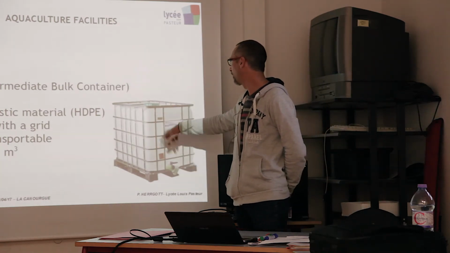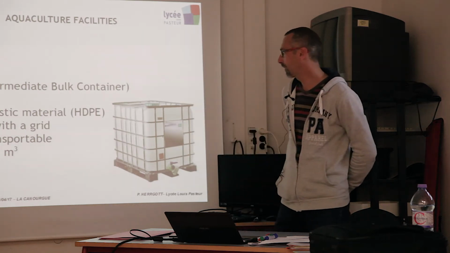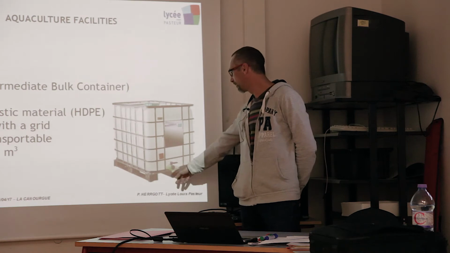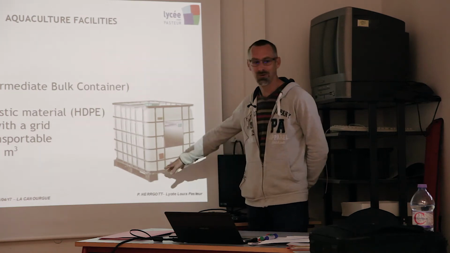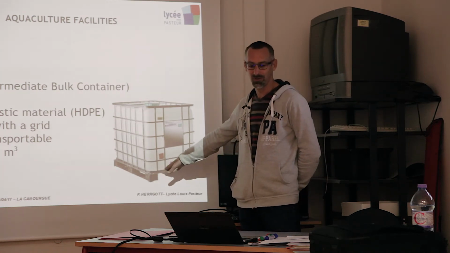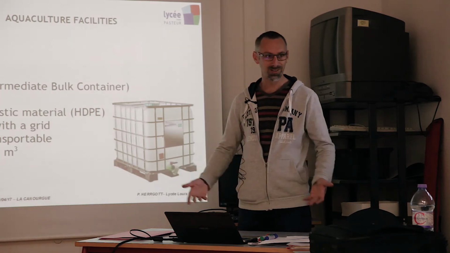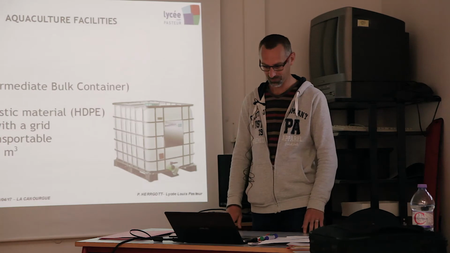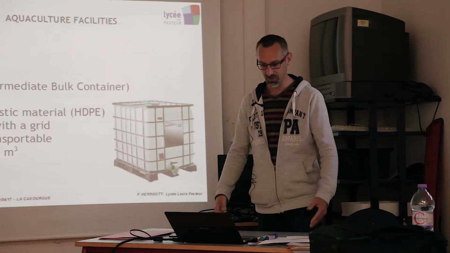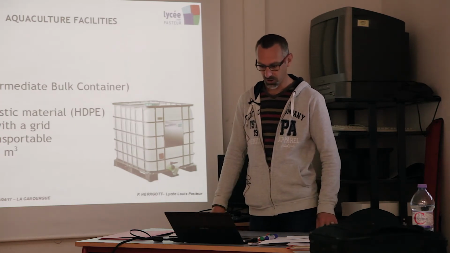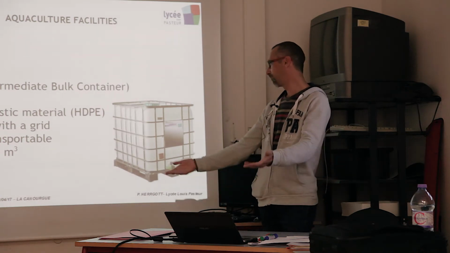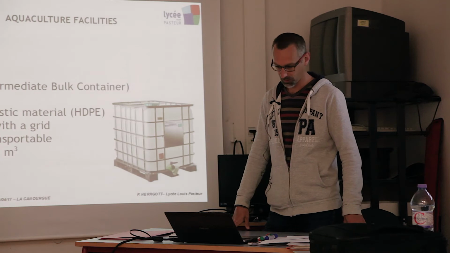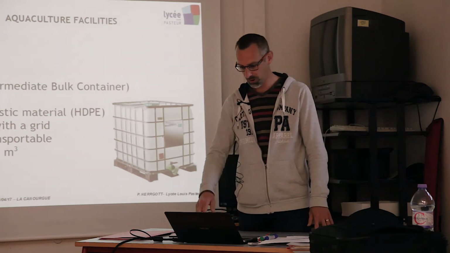Reinforced with a grid and easily transportable because you have, I don't know the word, pallet in French. Yes, pallet? Okay. Can use a Fenwick to put it in another place. Capacity 1 cubic meter.